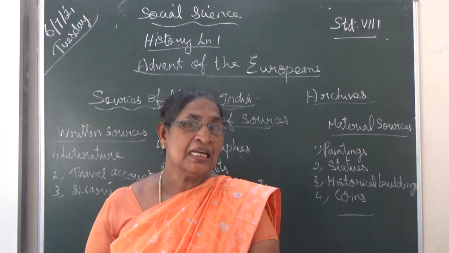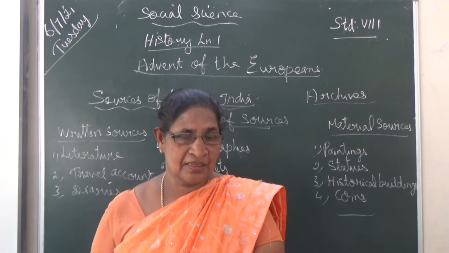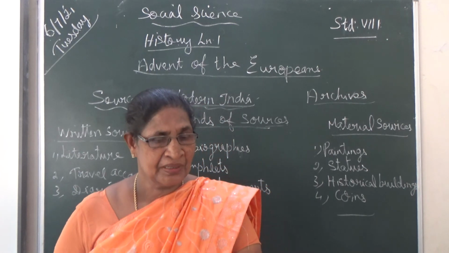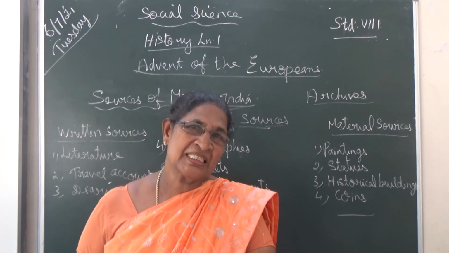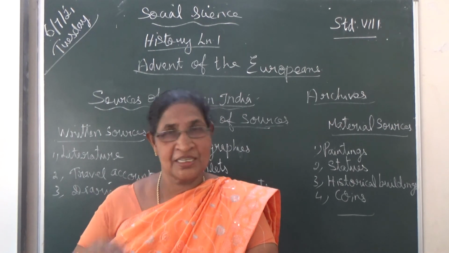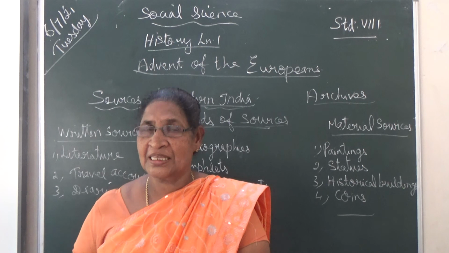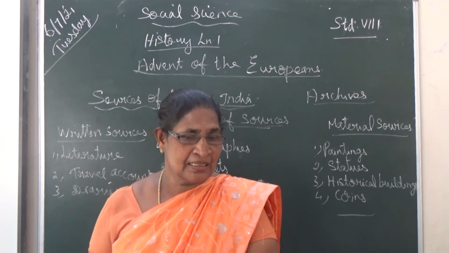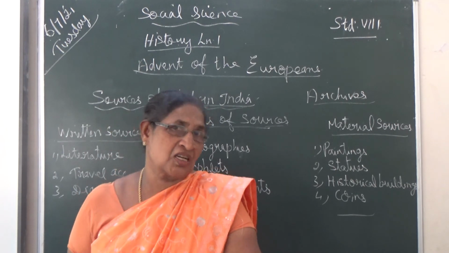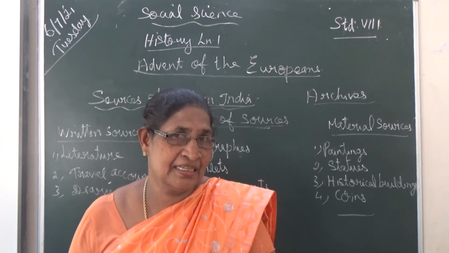Okay, next, the Tamil Nadu Archives. Tamil Nadu Archives is located in Chennai. It is one of the oldest and largest archives in South India, not in the whole of India, only in the southern part of India.